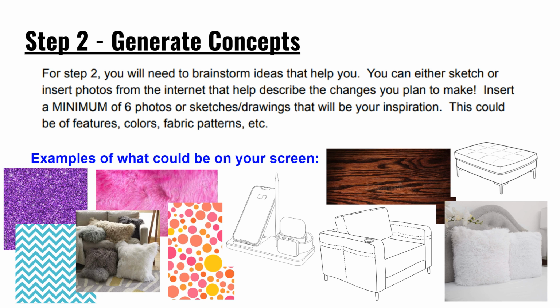So I've got a little design of that there. I want the chair to have a cup holder. So I drew a circle onto that piece of furniture so I can see where I'd have that cup holder. And again, this is just a collage. It should be lots of things that you like. And this, again, can be pictures from the internet, or it can be stuff that you sketch.